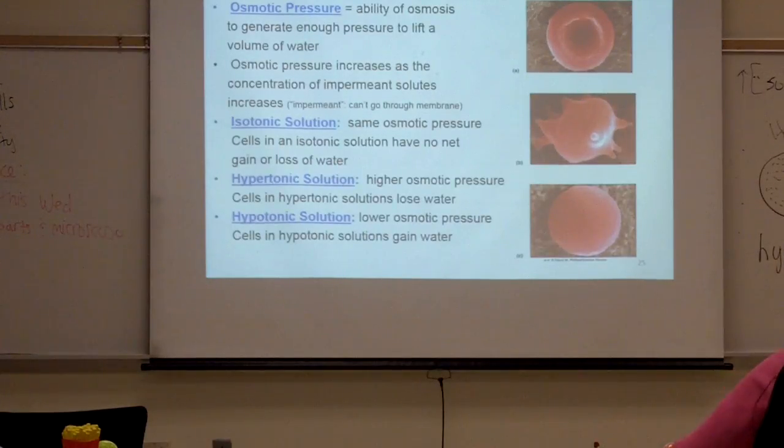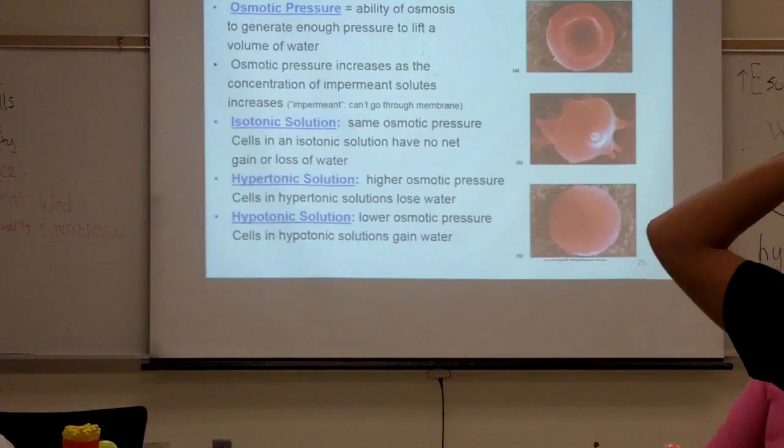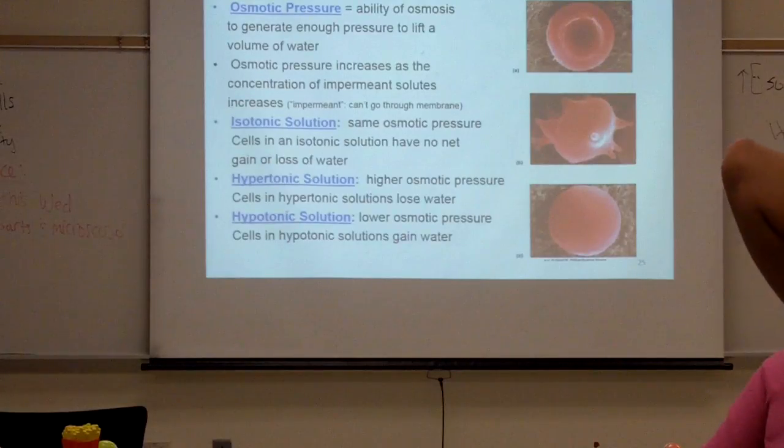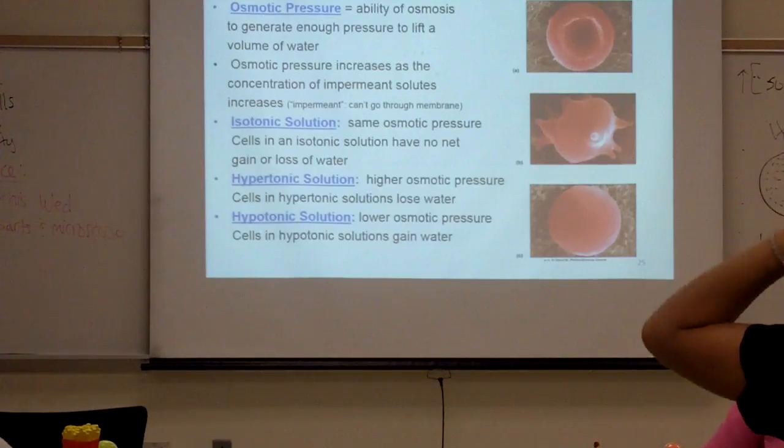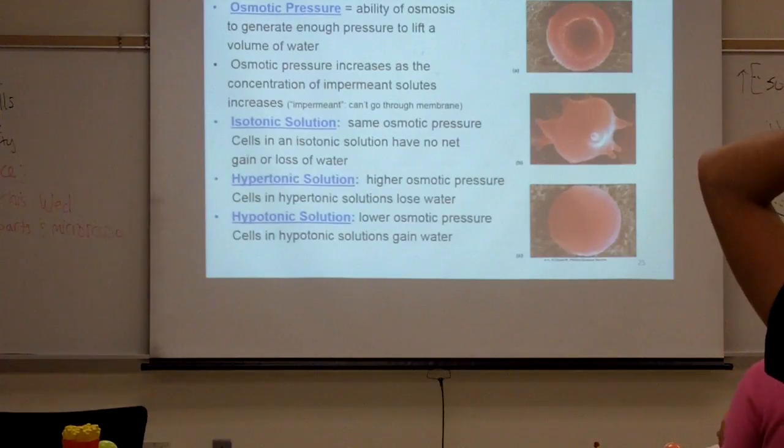So diffusion and osmosis are kind of happening at the same time. They are happening at the same time. That's correct. But we don't talk about them happening at the same time because that confuses the issue when we're initially learning them. We learn this concept and then this concept, and then we learn, okay, this is all happening at the same time.